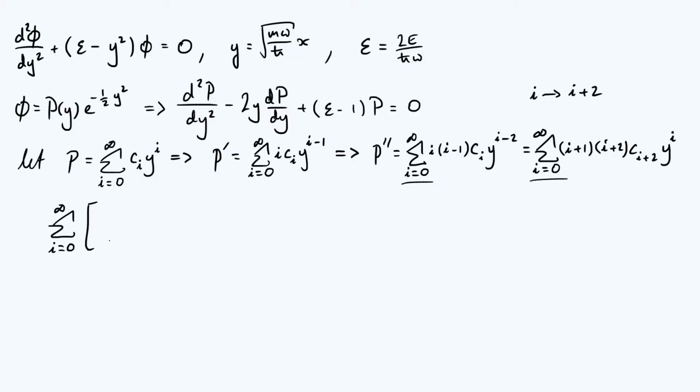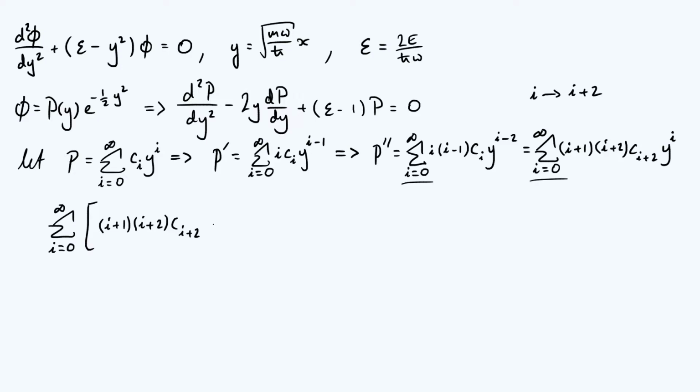Now your d2p by dy squared term will contribute this i plus 1, i plus 2, c_(i+2). Now notice that all the terms are proportional to y to the i, so I'm going to factor it out of these big square brackets that I'm drawing.